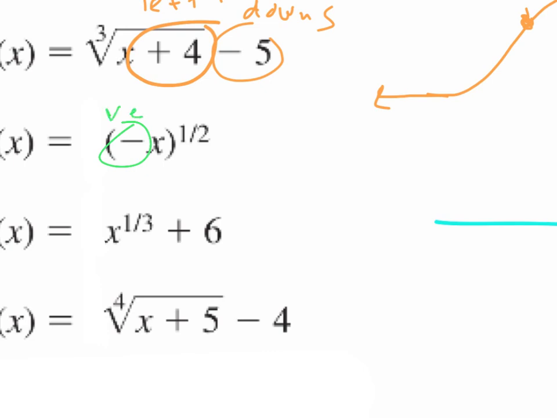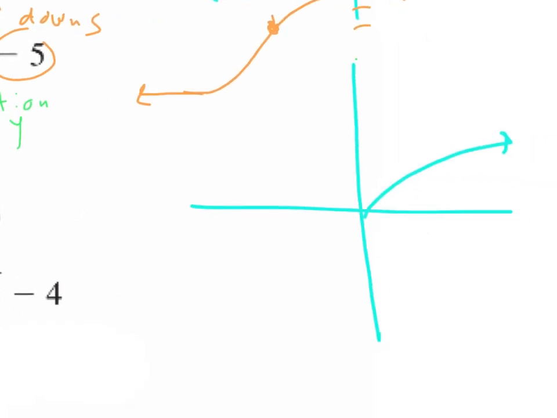A reflection on the y. So our y-axis is this one, so we have to flip it across the y-axis. So it flips to this way.